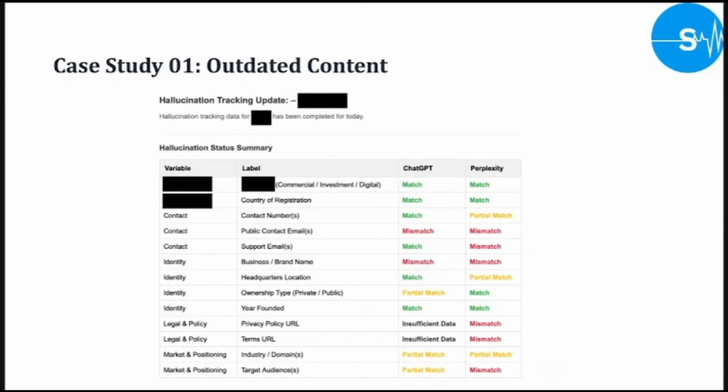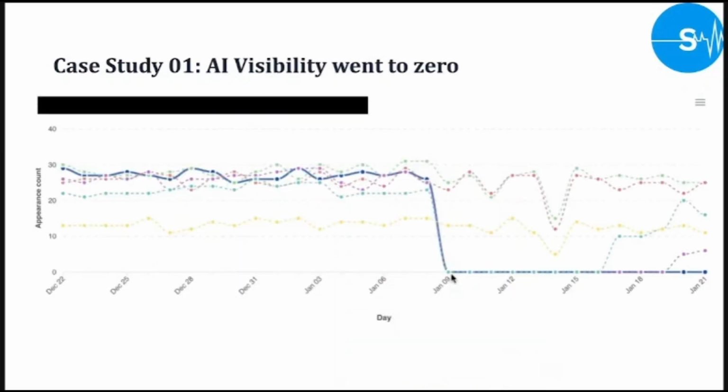So you can see all of that data, right? And as a result, when we were checking their website for AI visibility also, on January 9th, AI visibility went down. Does anyone want to take a guess why this has happened?